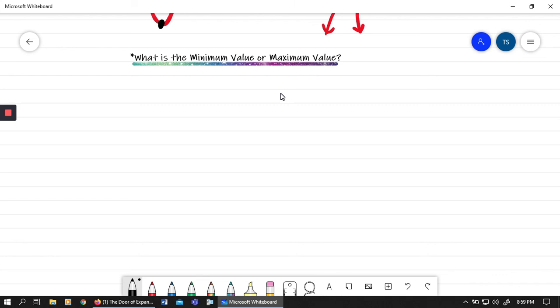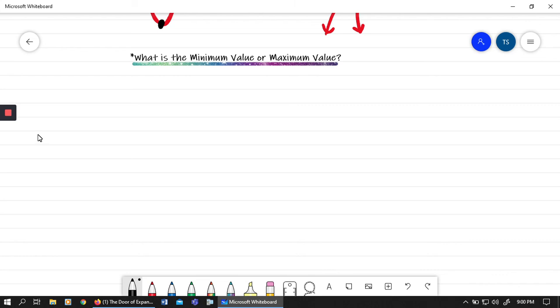Okay, so a minimum value is going to be the lowest function value. So let's say that you were asked to find the minimum value of a particular function. In other words, they would be asking you to find the lowest function value. And remember, function value, when we say that, we mean the y value.